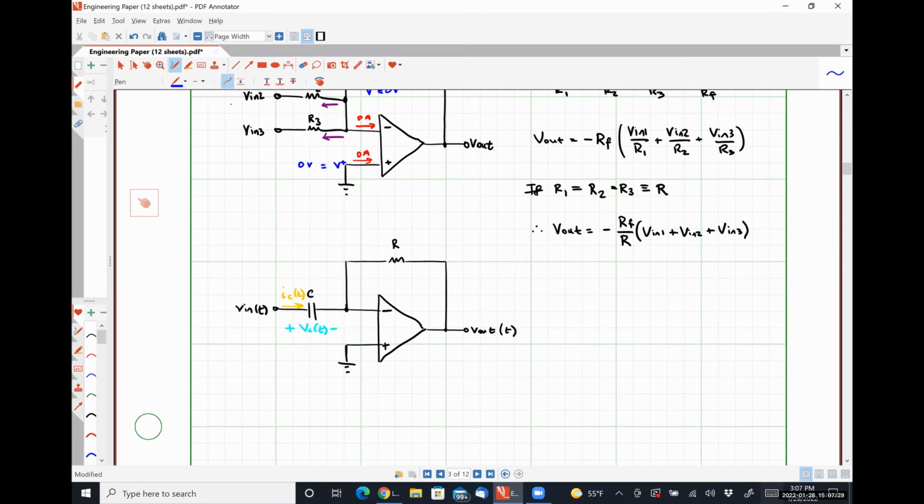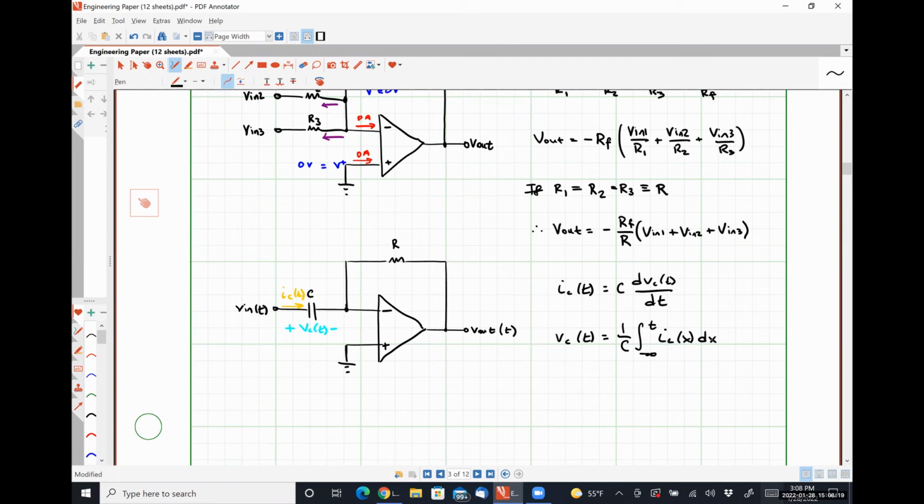We have two different options, right? We have Ic is equal to C dV by dt, or we have Vc is equal to 1 over C, the integral from negative infinity to t of Ic of x dx, where I'm using this particular representation so that I don't have to worry about an initial condition on my capacitor.